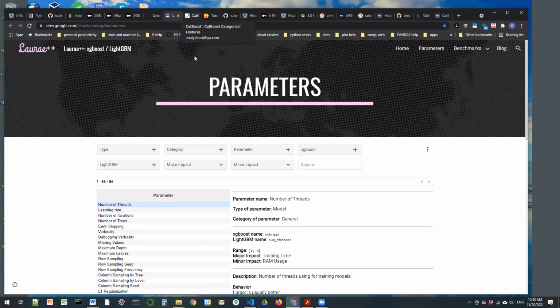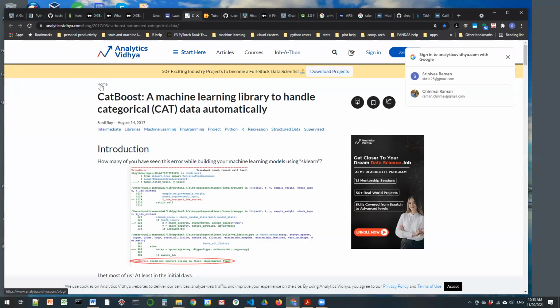Then there's CatBoost, which I don't know will be of much use for us. Conceptually it's the same concept of gradient boosting, but it's able to handle categorical data. In our case, our data and our forecast are regression, and most of our data is numbers because they're all prices in dollars.